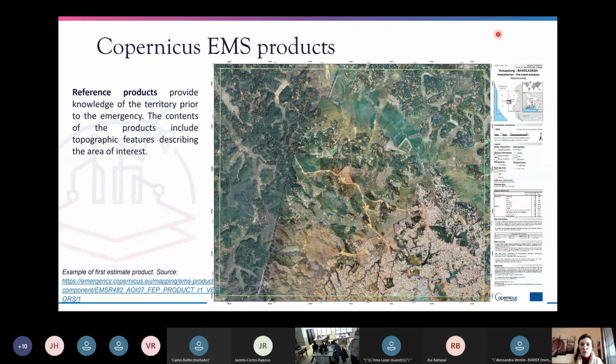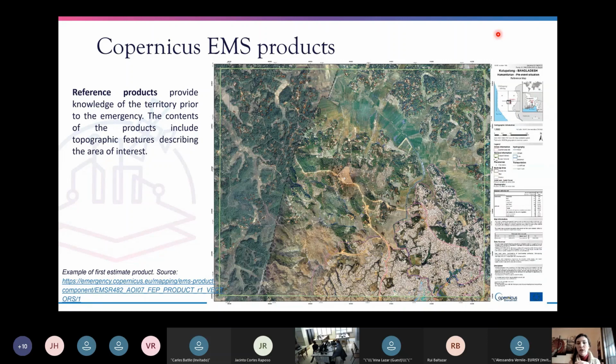We are going now to list which types of data are provided by Copernicus with respect to how they categorize them. So here we see an example of reference product. These are data which could be or not provided during the emergency, but this is not going to describe the emergency. This is going to describe the area of interest.